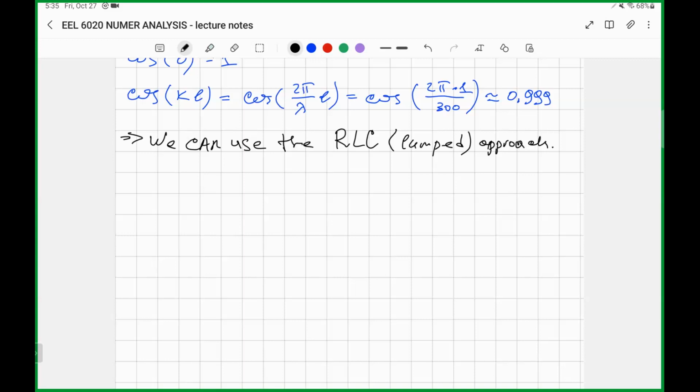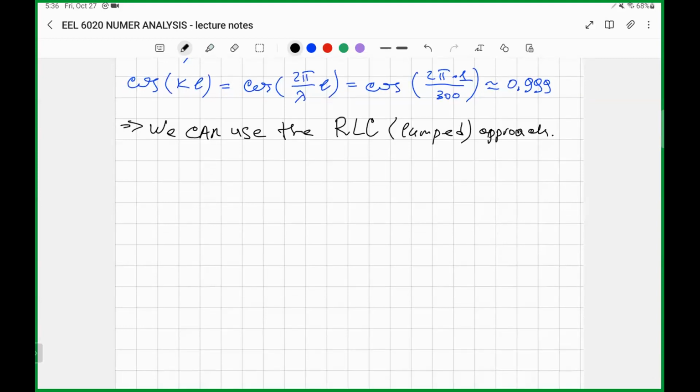You can substitute the actual system by an effective circuit based on RLCs, then analyze this circuit and deduce some information about the actual system. So this is quite often used in analysis and in design.